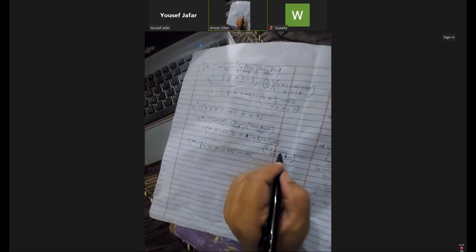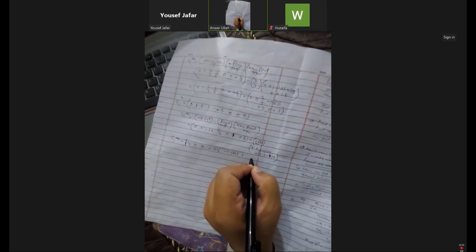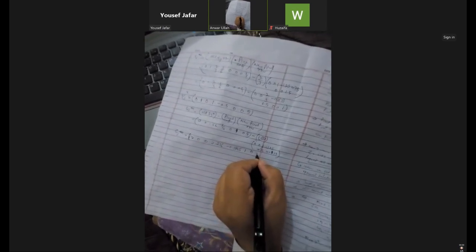So now 0.6 into 0 is equal to 0, 1 and 0 is equal to 0, 0, 0.5 minus 1.5 is 3.5.